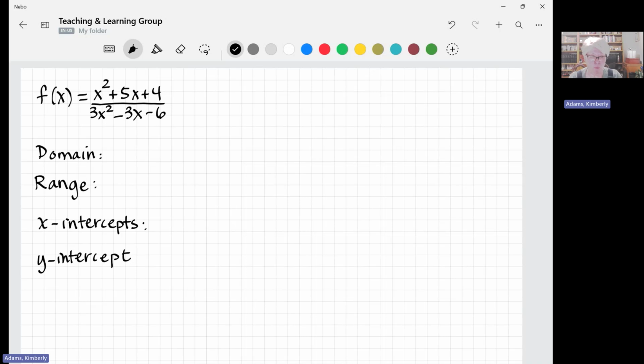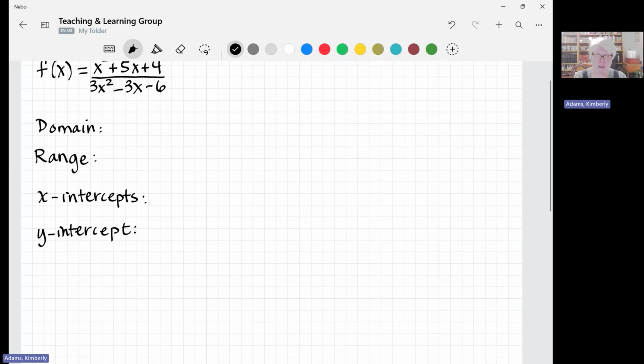It will be singular. You could have multiple x-intercepts, certainly not greater than the order of the function itself. You could have no x-intercepts or y-intercepts. That's entirely possible, but those are things we're considering.